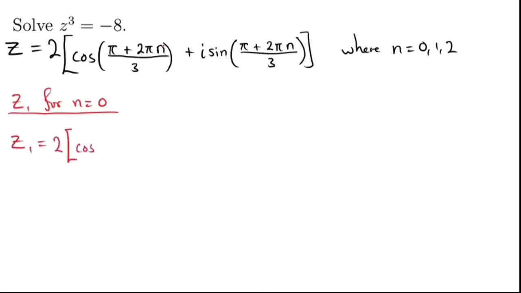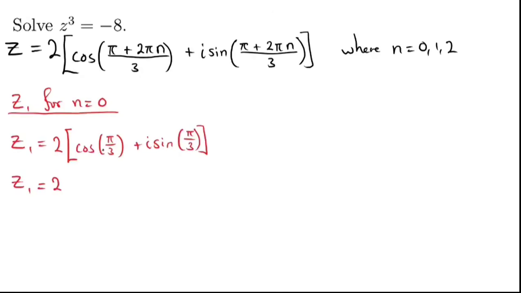Remember, if n is 0, then the only thing that will remain is pi over 3, so 2 pi cancels because n is 0. Then plus I sine, again there will just remain pi over 3, like that.